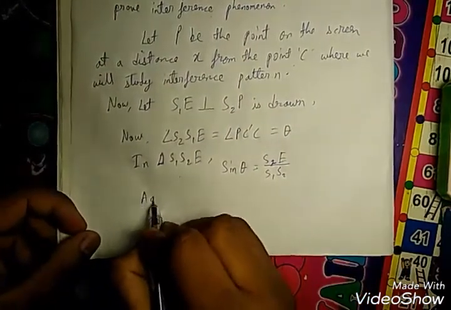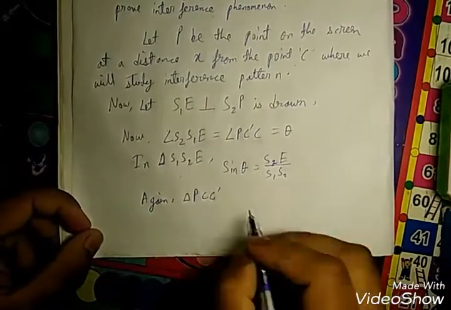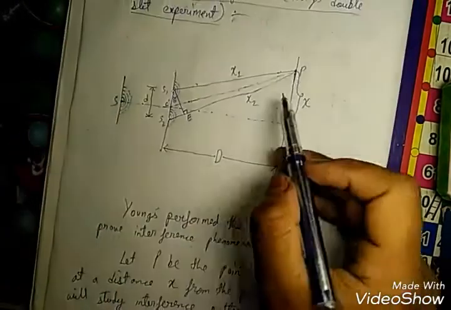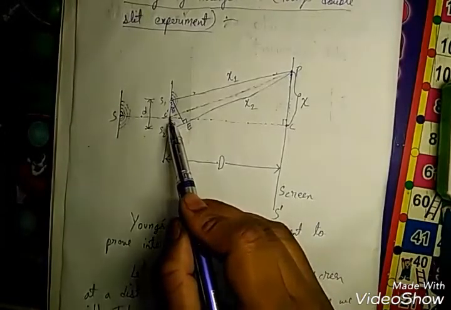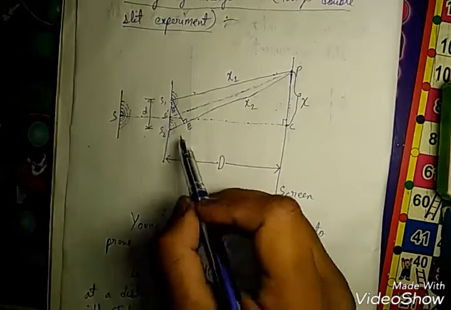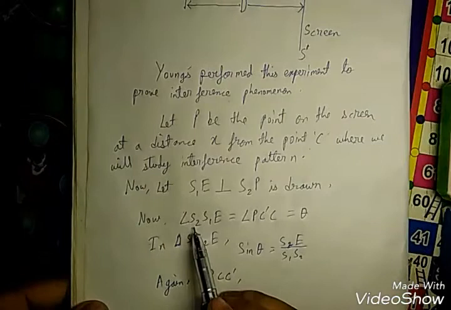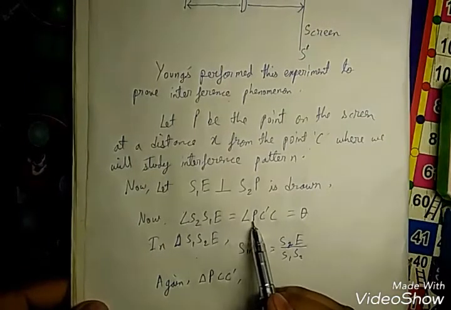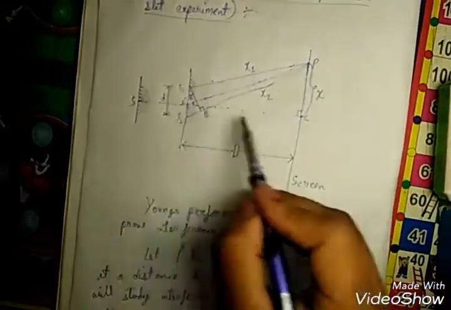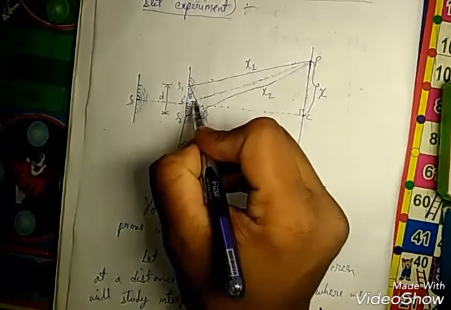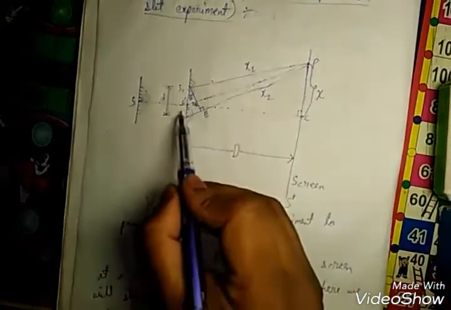Now again, in triangle PCC dash, we get tan theta, as we proved earlier that angle S2S1E is equal to angle PC dash C, which is equal to theta. So angle PC dash C is also theta. Now tan theta, as we know, is equal to perpendicular by base.